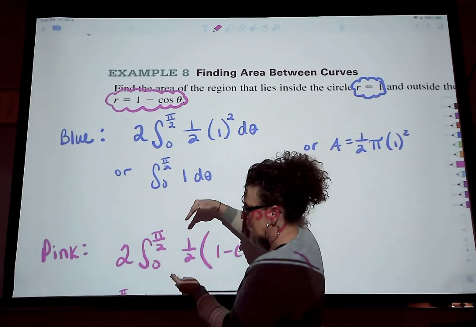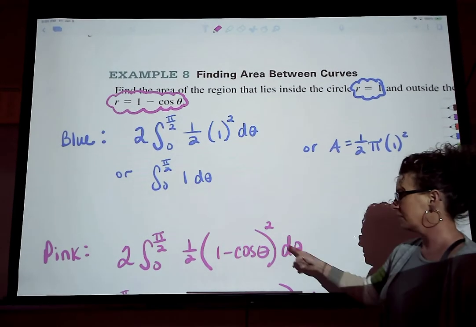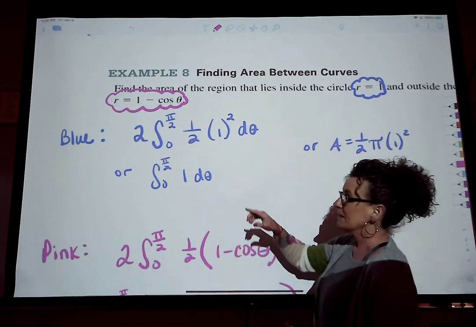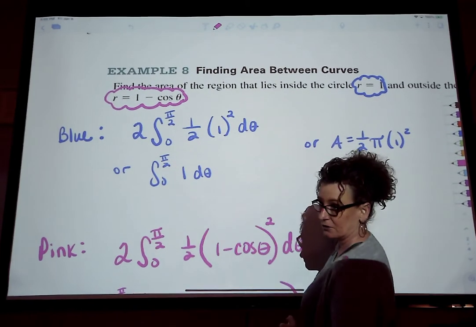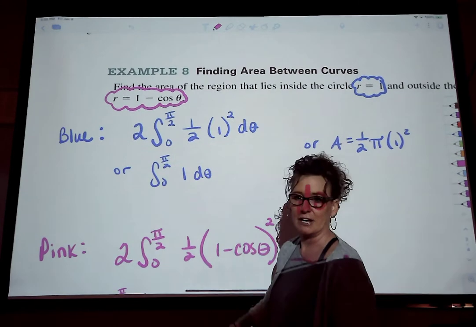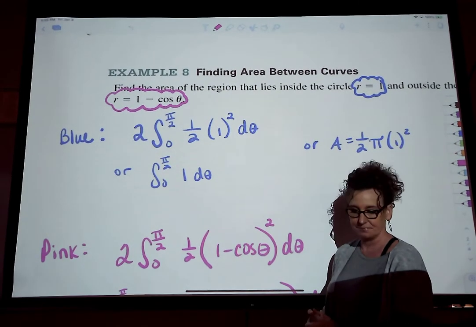That just gets me the top part, and I'm going to double it. 1/2 r squared d theta. And ultimately, I'm going to take the entire blue area that I found, which is too much, and subtract the pink area that I found, and that's going to get me the gray shaded region.